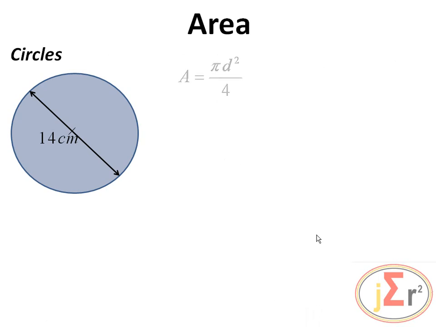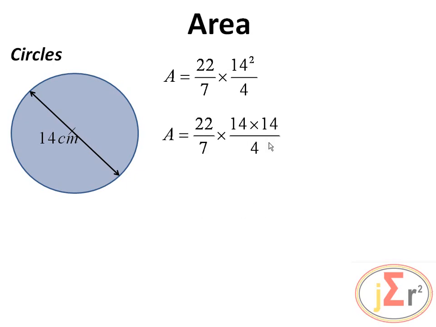This time the diameter is given, so we are going to use the formula area is equal to pi d squared divided by 4. So here we have pi and the diameter is 14, so 14 squared divided by 4. And of course we are going to simplify. 7 into 14 is 2, so the 7 is gone and we have 2 left right there.